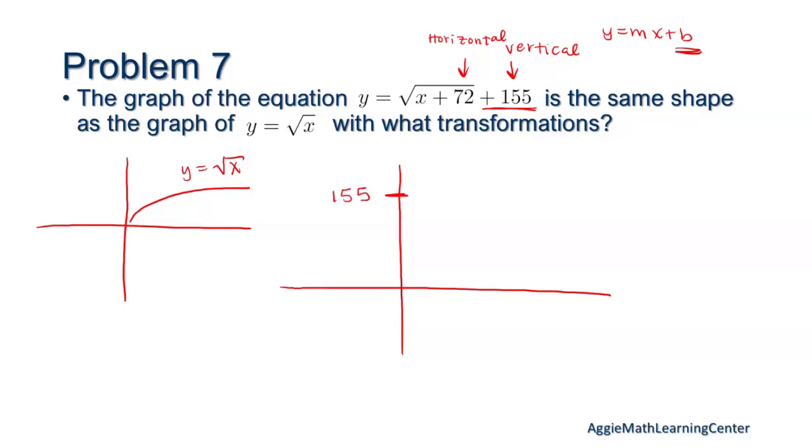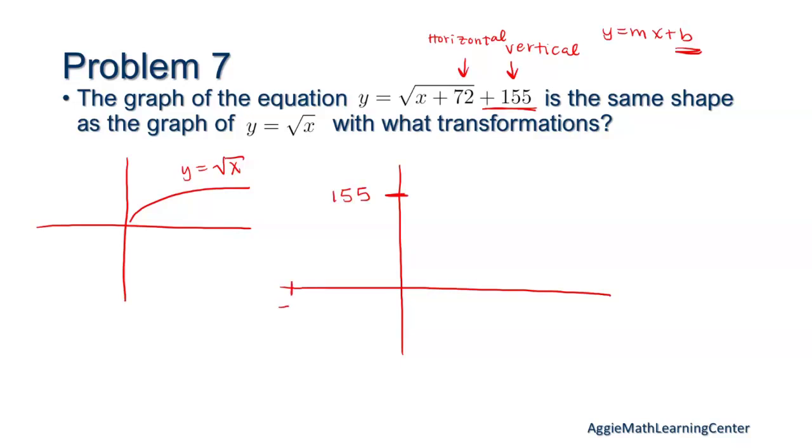So that one is the one that doesn't feel wonky. Now we have to do the one that feels the opposite of what it's supposed to do, which is the 72. Because it's inside of that square root, and it's plus 72, we're going to move it to the left 72.